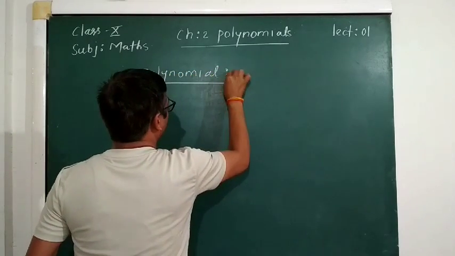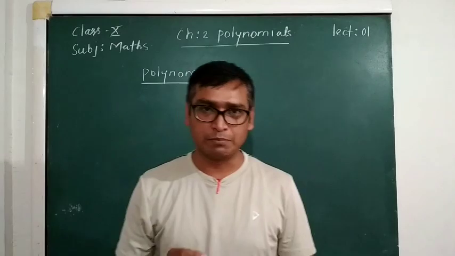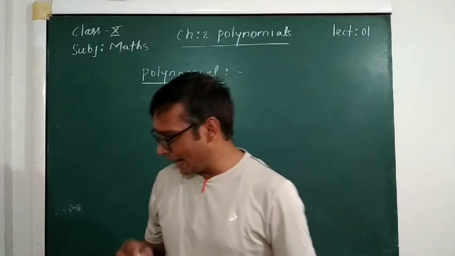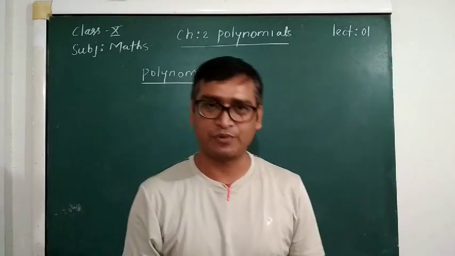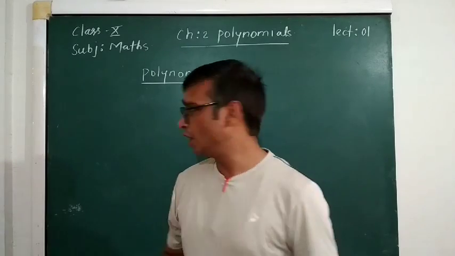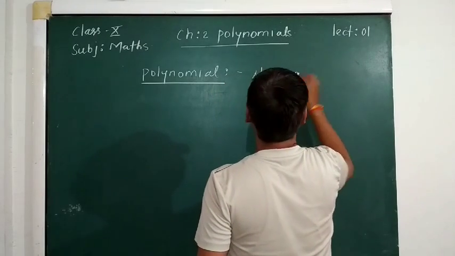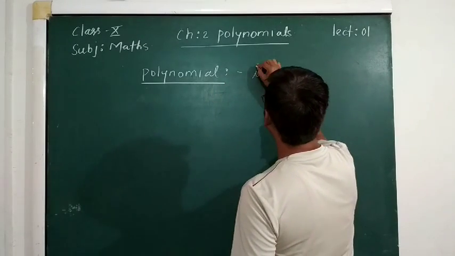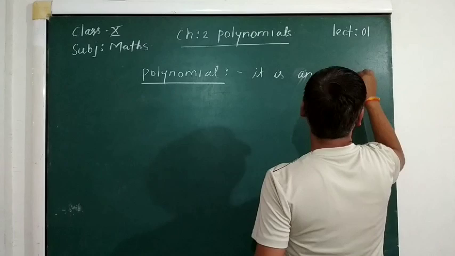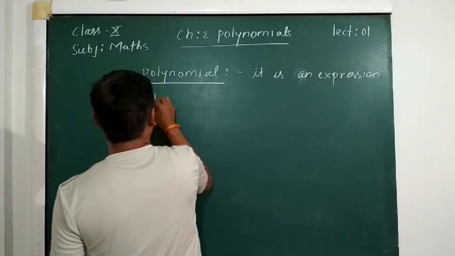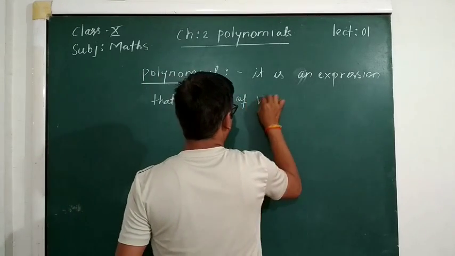This polynomial is actually the algebraic expression that consists of variable terms, constant terms, and some fundamental operations like addition, subtraction, multiplication, and divisions. So it is an expression that consists of variables.